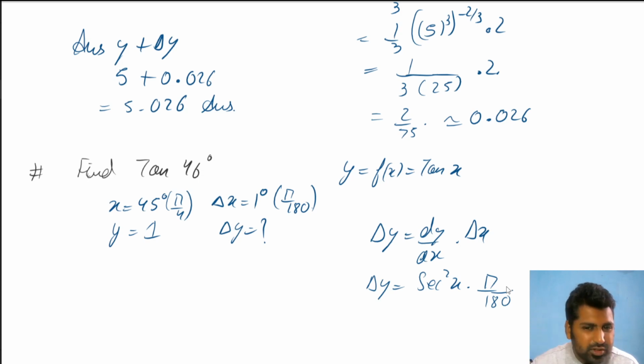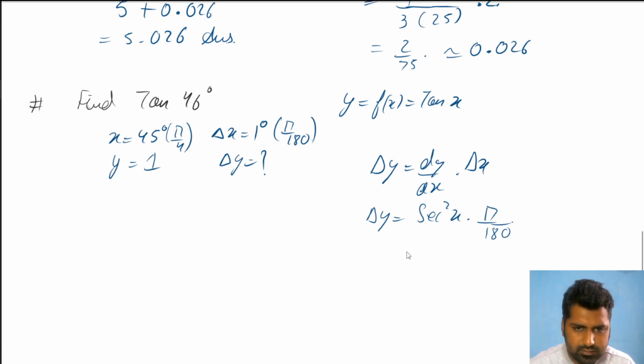I think for the examination point of view, it's better if you learn this value, pi by 180. I'll give you the value. Sec square x is pi by 4, 45 degree. So cos 45 is 1 by root 2. So this will be root 2.